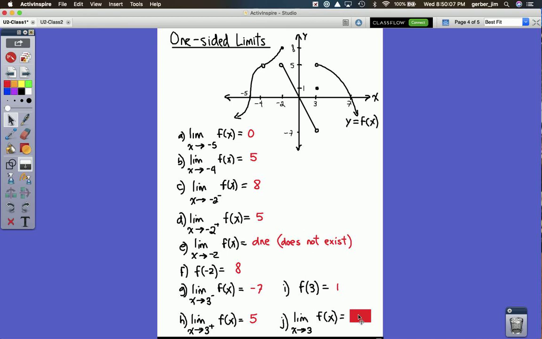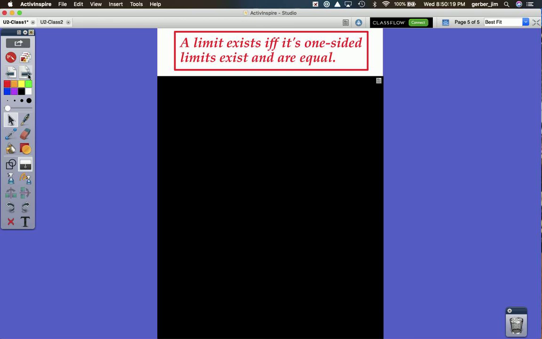If I just say approach 3, it does not exist. Because for it to exist, the left and right limits have to be the same. And so we have a bit of an idea of how to do these limits graphically. And again, just to reiterate, a limit exists if and only if its one-sided limits exist and are equal. In other words, the limit from the left and the limit from the right have to be the same thing. Let's look at one more example.